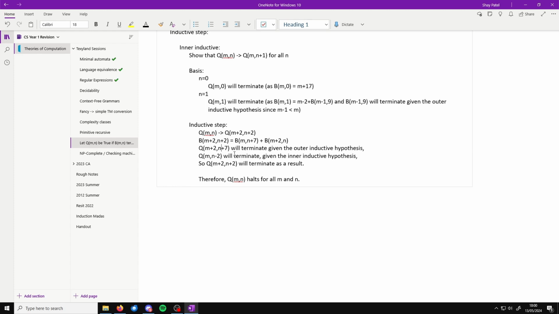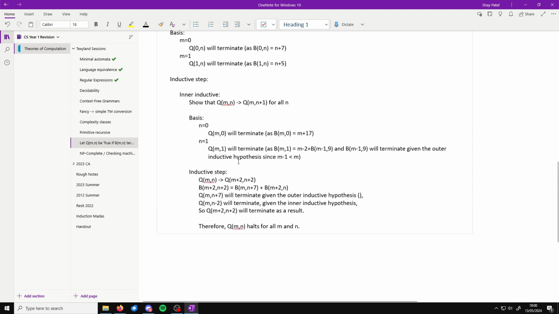Q of m n plus 7 will terminate given the outer inductive hypothesis, because the outer inductive hypothesis states that it holds for m less than m plus 2. And then m plus 2 n will terminate given the inner inductive hypothesis, because n is less than n plus 2. So this will terminate as a result. I believe that's what we'd do.